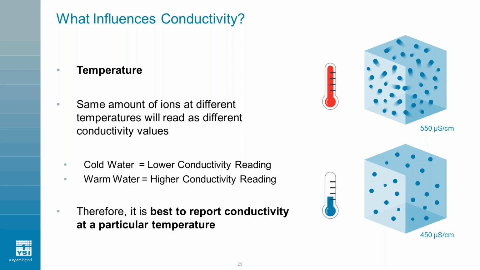As the temperature changes, all other things being equal, the amount of ions in these samples haven't changed. But since ions move faster at higher temperatures, they become more conductive. Hence, you receive a higher measured value than the lower temperature sample. Therefore, it is very important to report conductivity at the temperature it was measured.